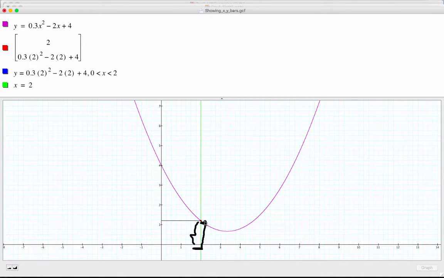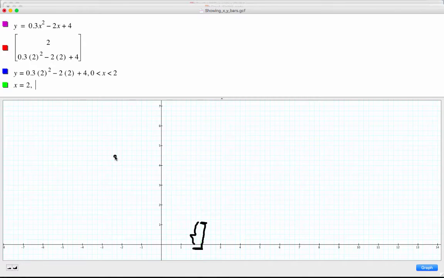Oh, well that's the y value of the function when x is 2. So I can go from 0, y, and I want it to end when it's 0.3 times 2 squared minus 2 times 2 plus 4.